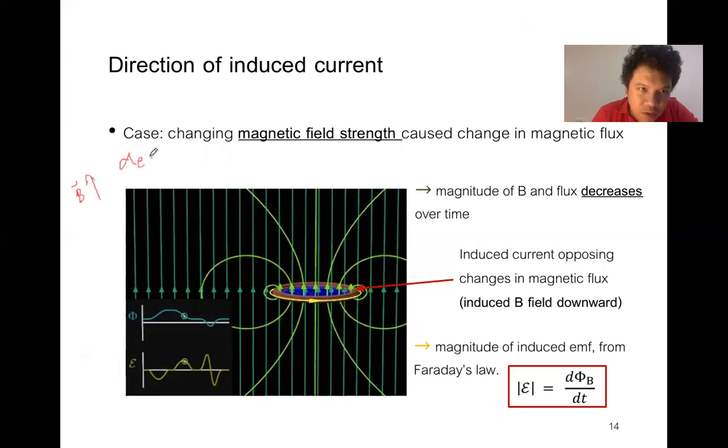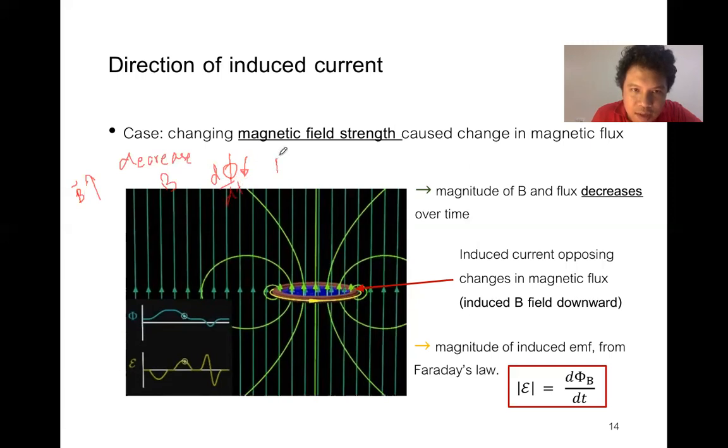So if we decrease the strength, the change of magnetic flux, d phi by dt, is going down.